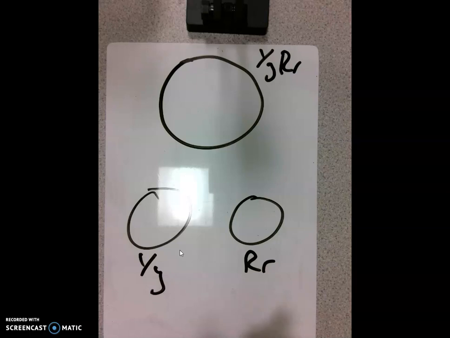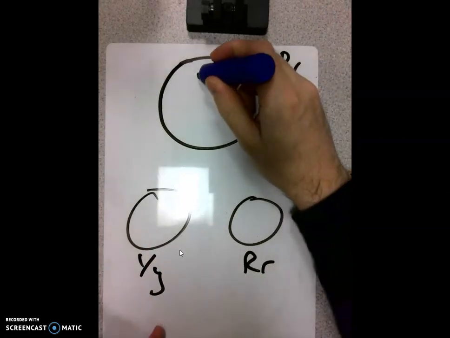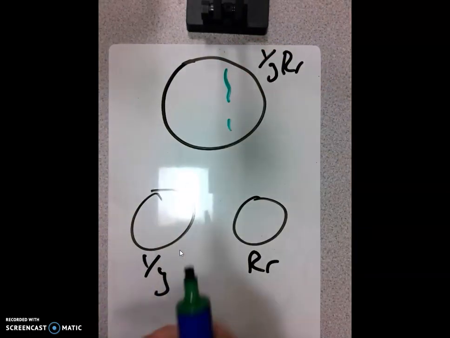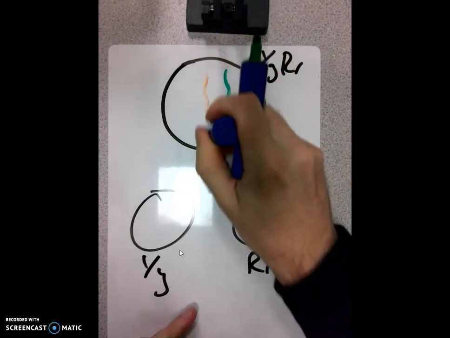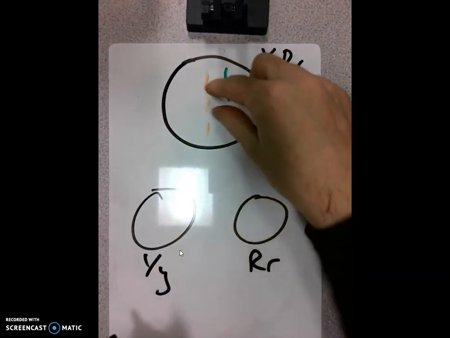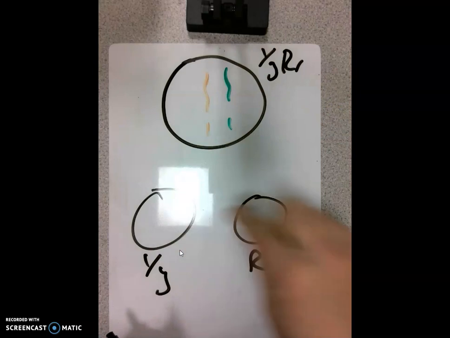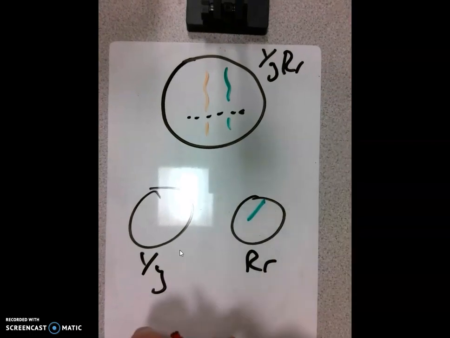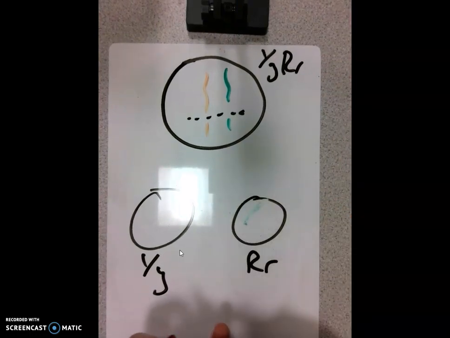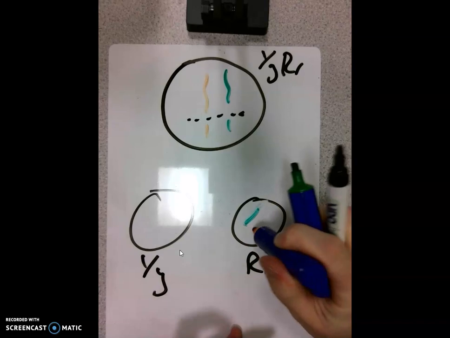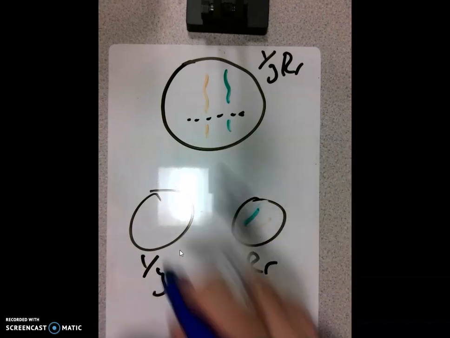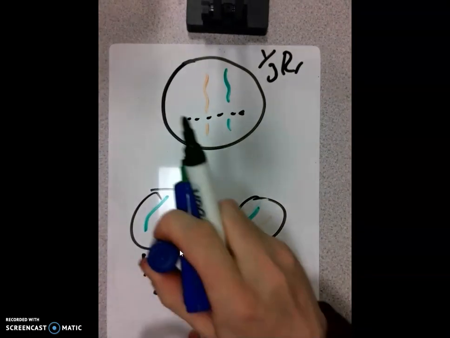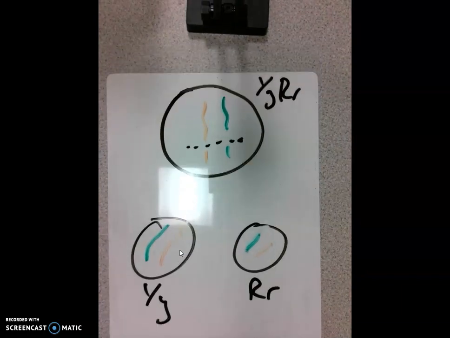Now, if you think about what that would actually mean, that would mean that we've taken our chromosomes like this, and instead of putting a big and a little one into each of the daughter cells, we've actually divided it this way, and you will have ended up with two chromosomes. It's the little chromosome with R's on it, isn't it? Two chromosomes there with the R's on them, and then the two chromosomes with the Ys on in there. That's not right. That's not how meiosis works.